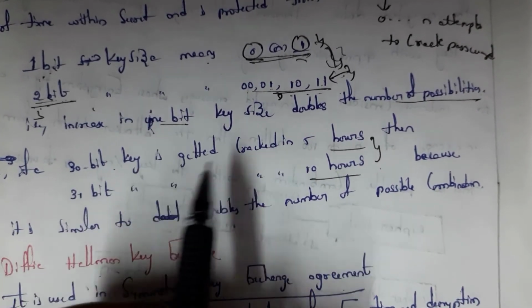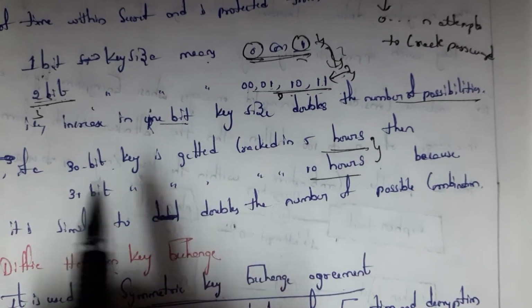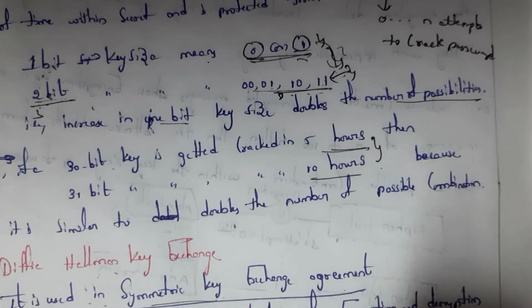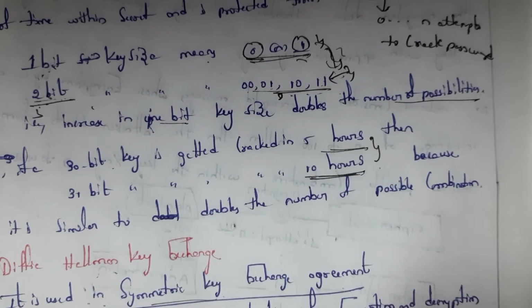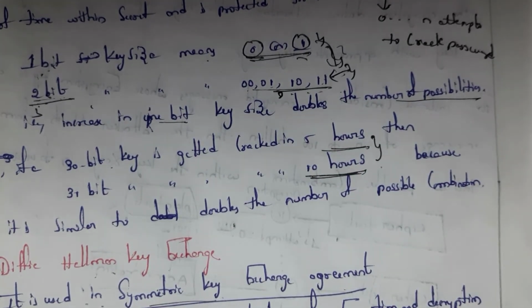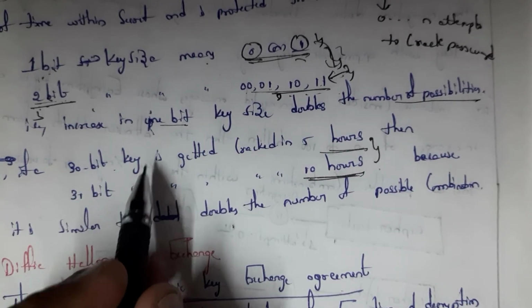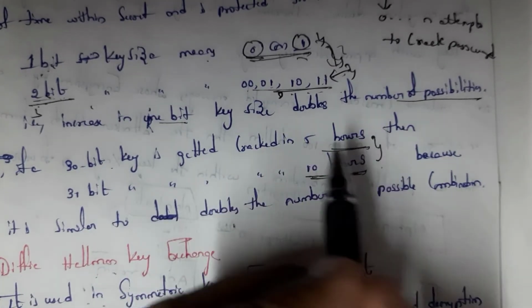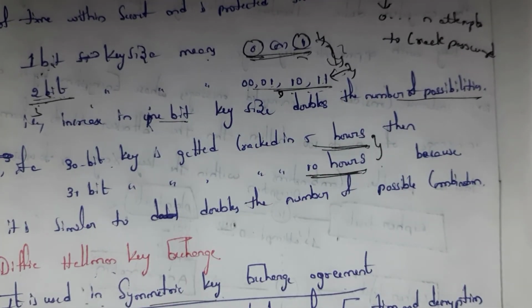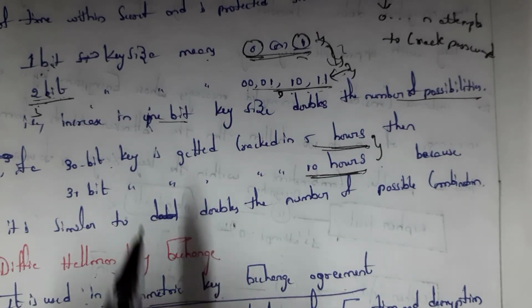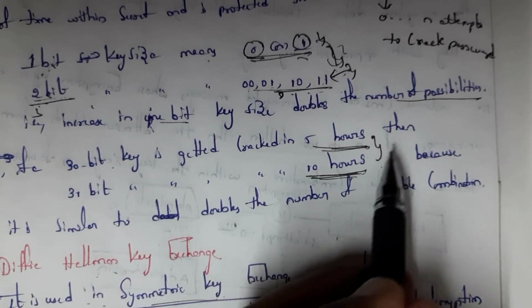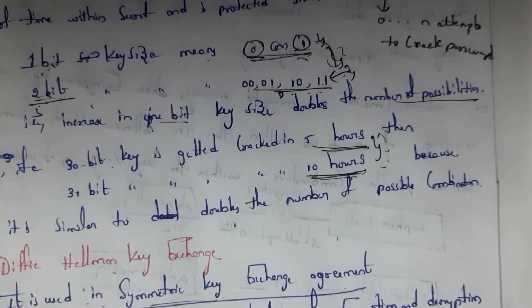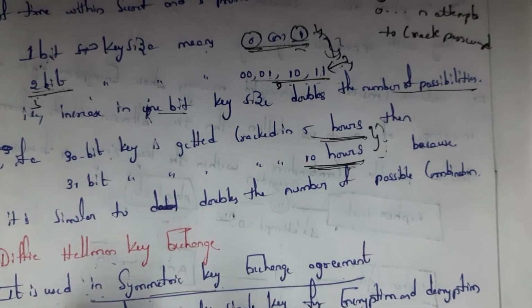So now if a 30 bit key gets cracked in 5 hours, then a 31 bit key is going to get cracked in 10 hours. For example, if a hacker wants to crack a 30 bit key, the time taken is 5 hours. Similarly, if you want to crack 31 bit, the time taken is 10 hours. Like that, time is also getting doubled.